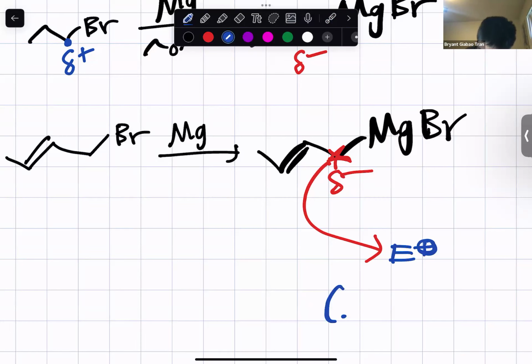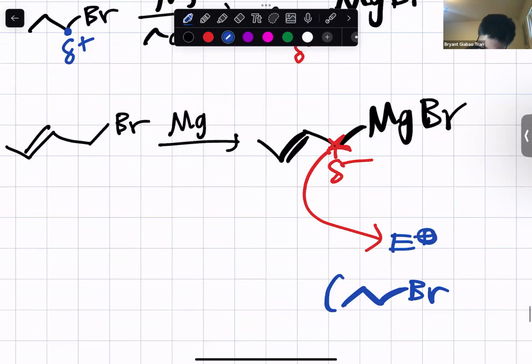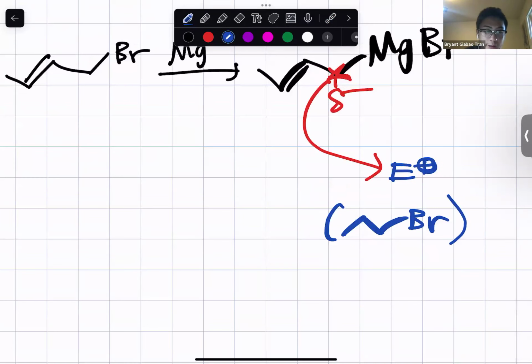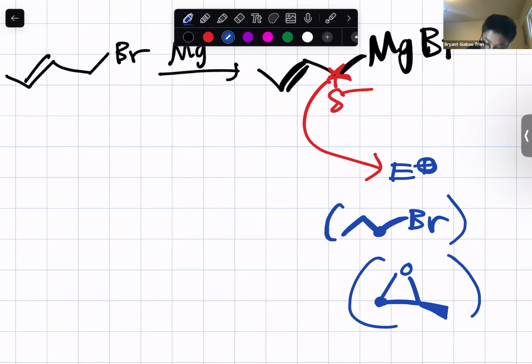For example, that primary haloalkane, it could open up an epoxide. And since this is negatively charged, it would attack the less substituted side, right?